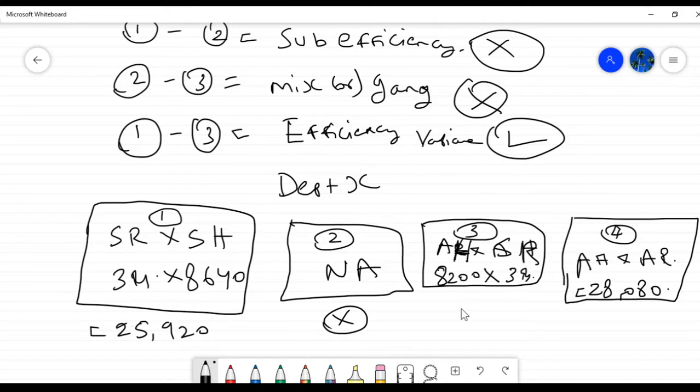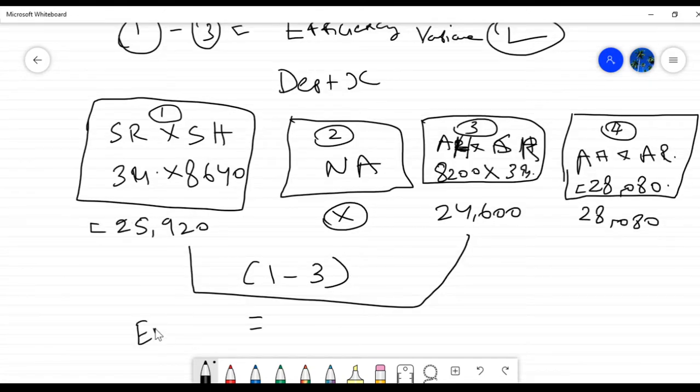So now tell me, 1 minus 3 equals what variance? Labor efficiency variance. Positive or negative? It is positive, so it is favorable. 1,320 favorable.